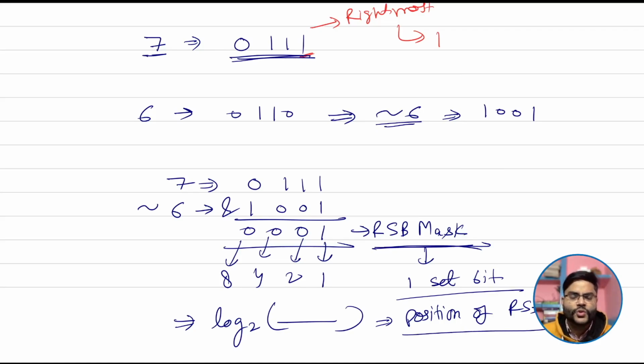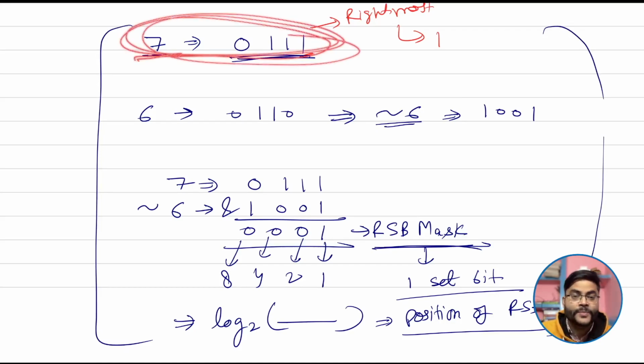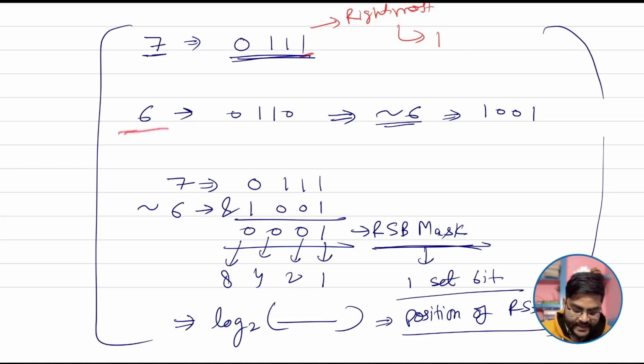Okay, so this is given, right? This is kind of proved. So if I want to find the rightmost set bit of a number, I can take one number less than it, and what it will do is basically unset my rightmost set bit. So take another number, let's say 12. 12 can be written as 1100.